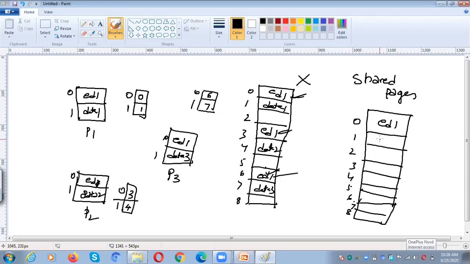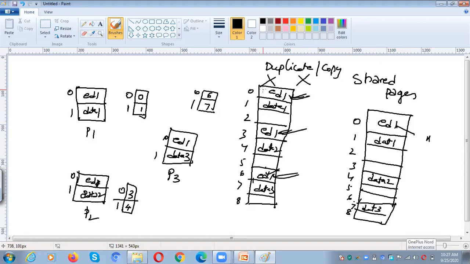We can keep ED1 only one time, and data 1 and data 2 as usual, and data 3 might be in the 7th frame. So how many times do you keep ED1 in the main memory? Only one time. Here in the earlier example, we kept the same code multiple number of times, so ED1 is a duplicate code, a copy. What is the need of keeping the same data multiple times? It is a memory wastage.